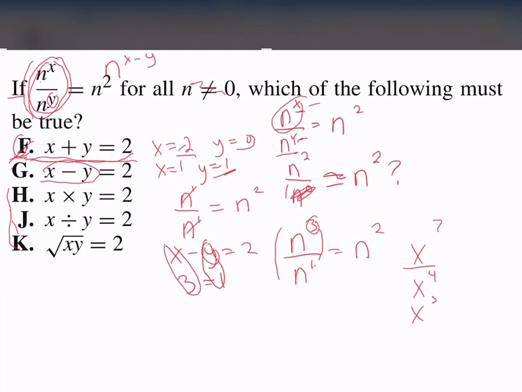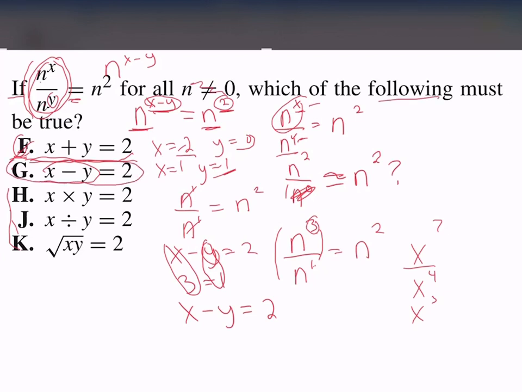Okay? So if we write n to the x minus y, and we say that equals n squared, now we've got the same base. This is the exponent of this side. This x minus y has to equal that 2. I now know x minus y has to equal 2. So which of the following must be true? This is how you would get this.